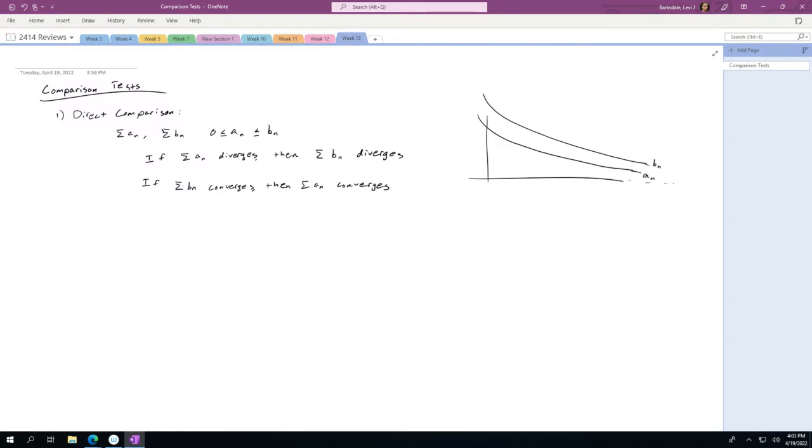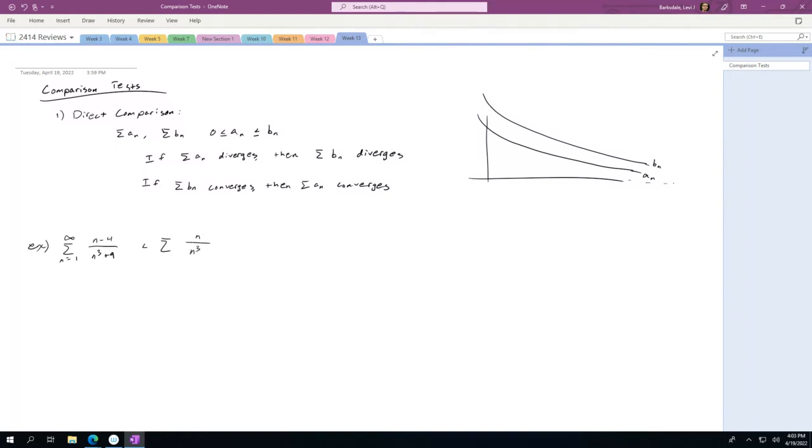So let's do a quick example of how we could use this one. Let's say we have the sum of n equals 1 to infinity of n minus 4 over n cubed plus 9. Well, notice that n minus 4 is smaller than n, and n cubed plus 9 is larger than just n cubed.